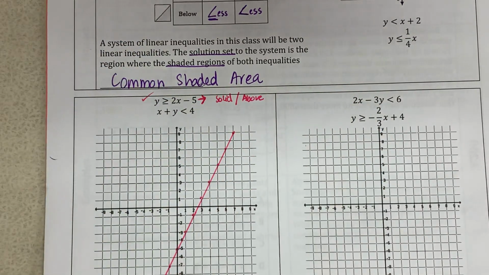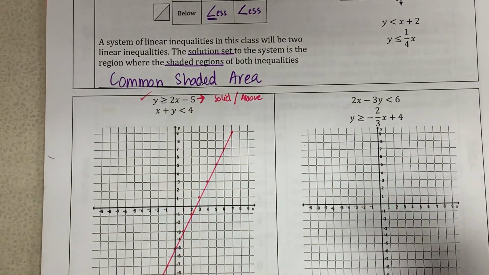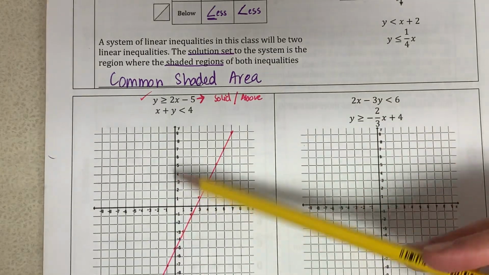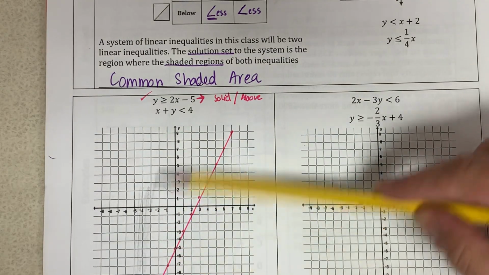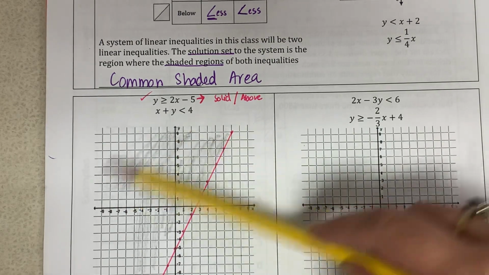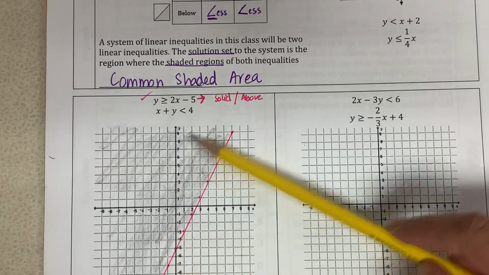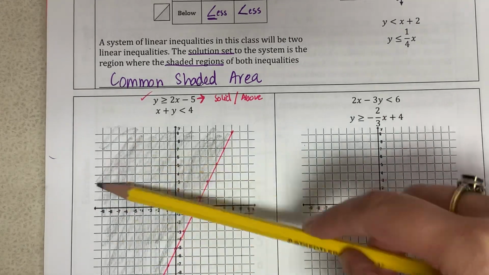Here you go. Now I have to do the shading. You have to do the shading with a pencil because I'm going to erase a region from here. For that line, my shading should be above it. So I'm just going to lightly shade it, and I'm going to erase it. So this should be my area.